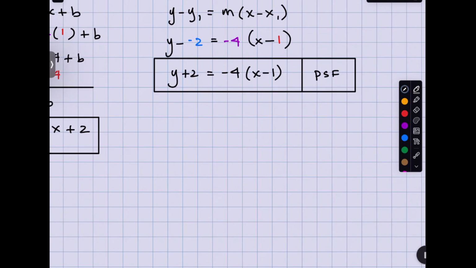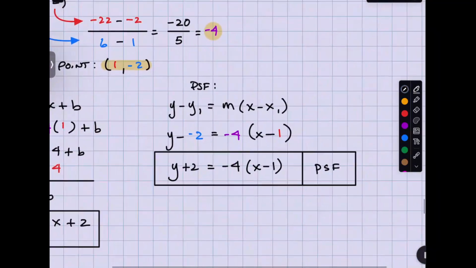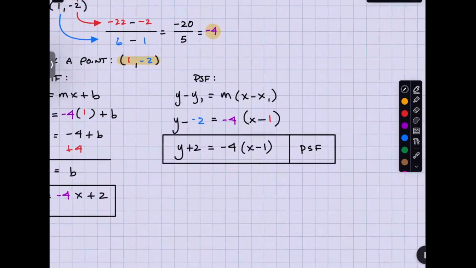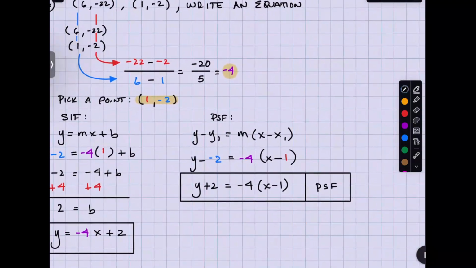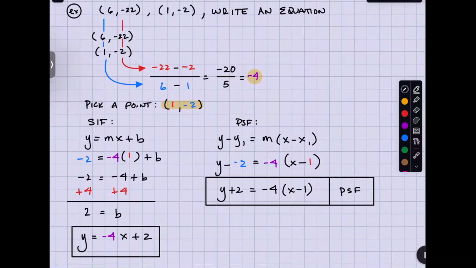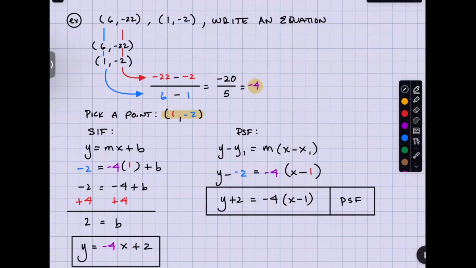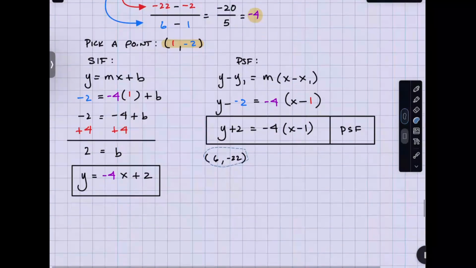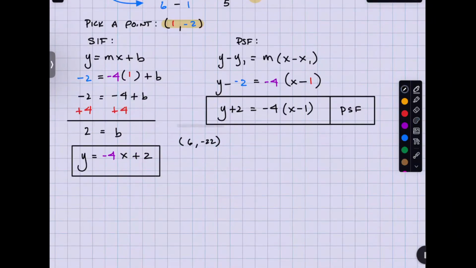So if I was to use this point here, let's test you guys out. This is going to be y what?